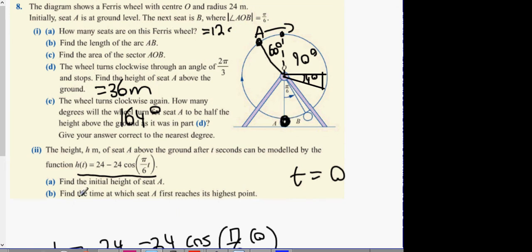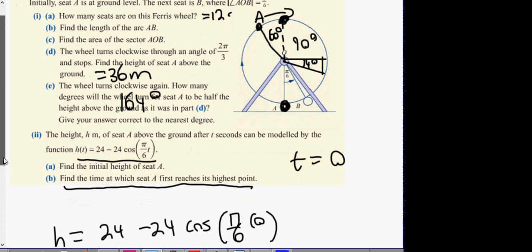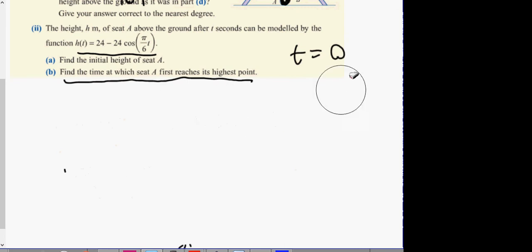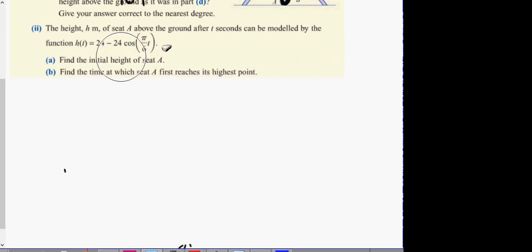Yeah? Find the time at which the seat A first reaches its highest point. What is its highest point? Its highest point is at the very top. Now guys, the time. Okay? Now look at this. It has to reach its highest point.